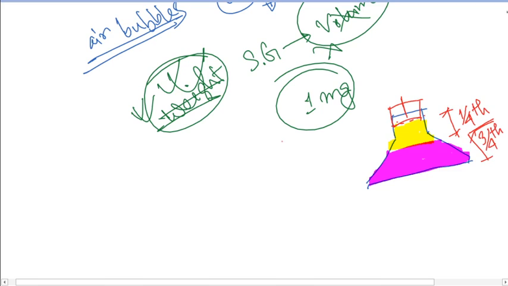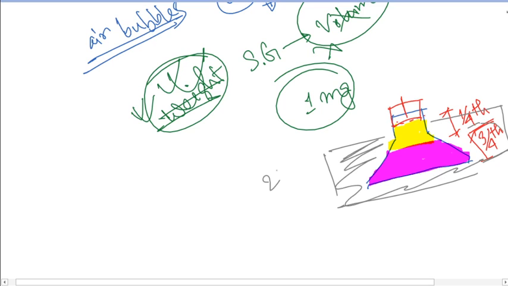Then we will take it to the water bath again, where the temperature is kept at the desired level, so that the test temperature, either 25 degrees centigrade or 15.6 degrees centigrade, will be maintained.